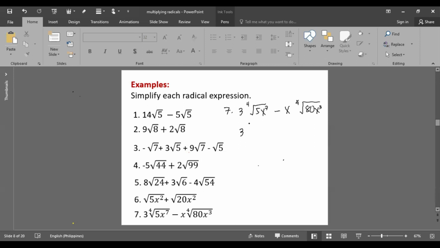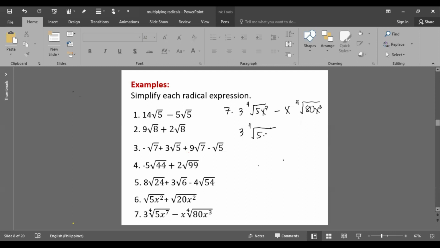3, the fourth root of, wala namang factor si 5 na may fourth root, so just copy 5. Then how about x raised to 7? Is 7 divisible by 4? No, but we can get the factors of x raised to 7 wherein one of the exponents of that factor is divisible by 4.